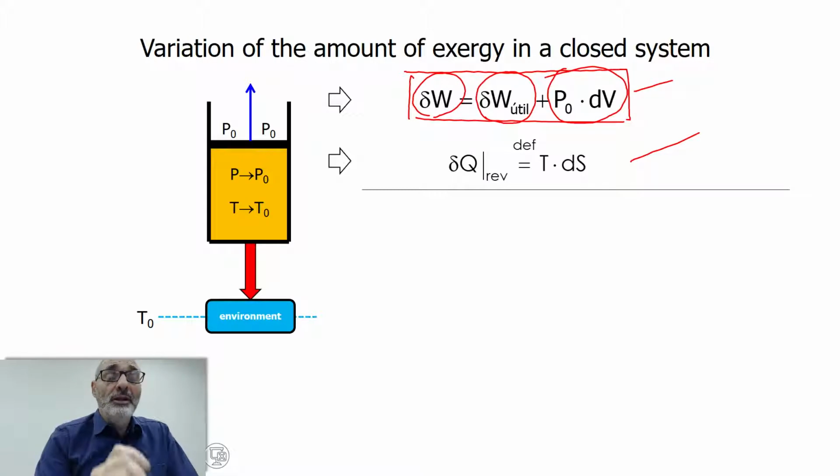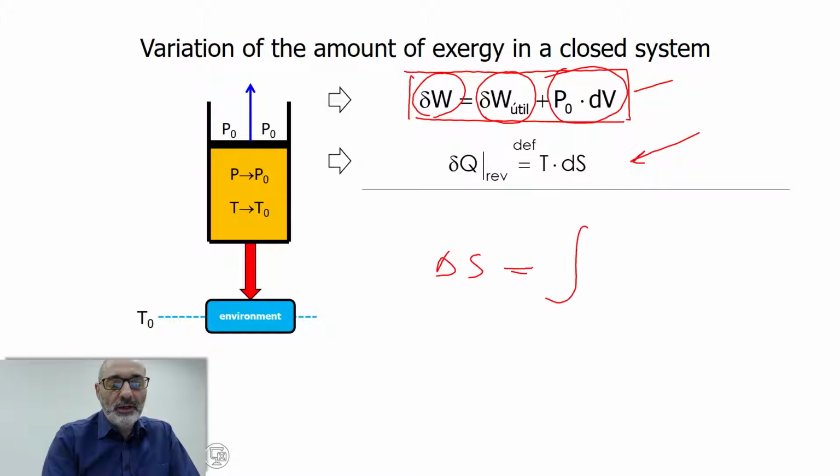Another definition that I want you to remember is the definition of entropy. Entropy is defined as delta S, the variation in entropy, equals the integral of del Q over T. That's the definition of entropy, and this integral is calculated on a reversible trajectory.